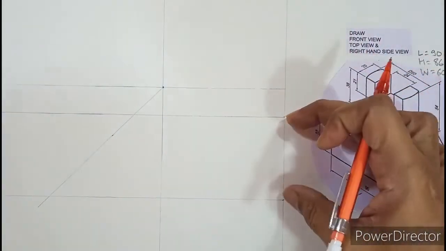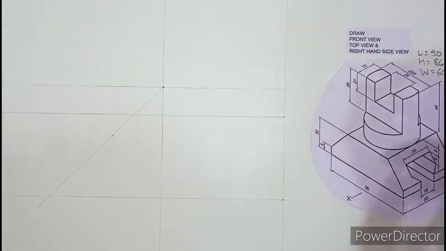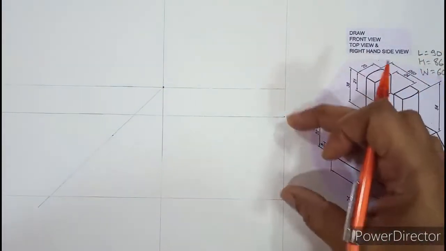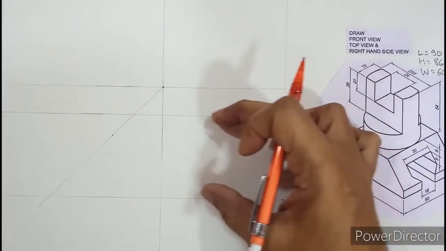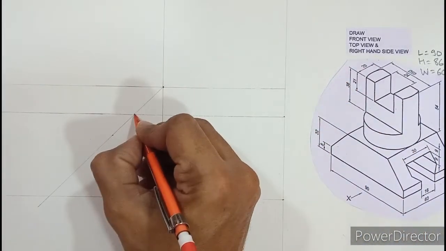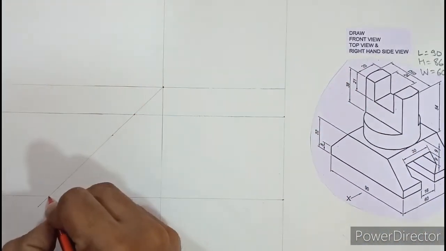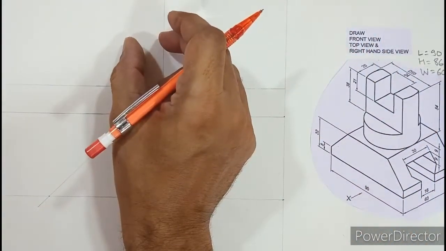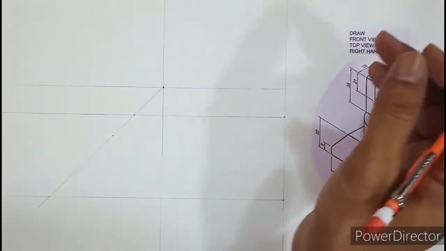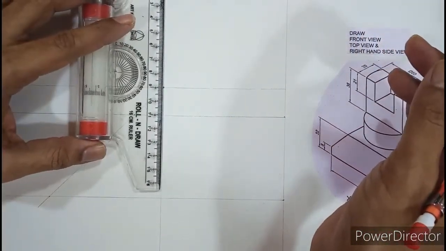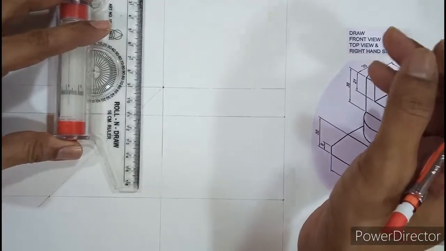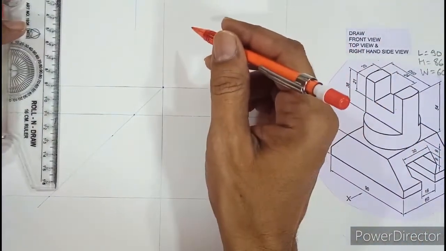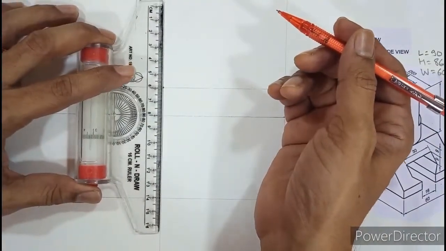Okay, so now see this width is 60. Let us verify once again. Yes, this width is 60. So wherever this width intersects the 45-degree line, you can see that it intersects here and it intersects here. So if you project this up, you'll automatically get 20 millimeter also, and you'll get the side view box also. So let us align with this line, and we will draw a light line from here. Also from this side we will align.